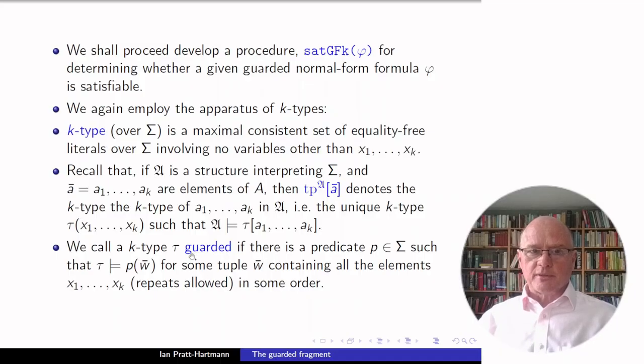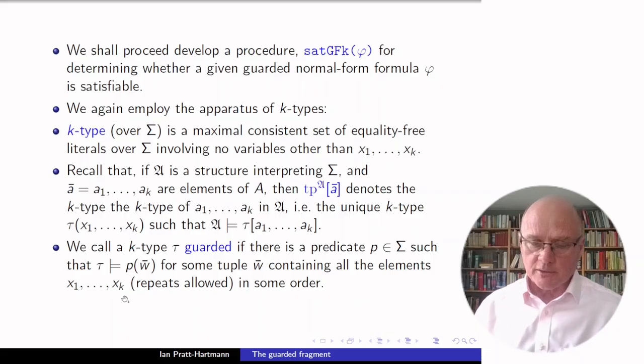I'll call a k-type guarded if there is a predicate P in our signature such that the atom P applied to W is in the k-type for some tuple W containing all the variables x1 up to xk in some order, and I do allow repeats.